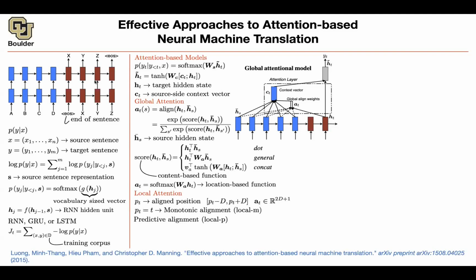Maybe there is not a one-to-one correspondence between words in the target sentence and the source sentence. Maybe it's better to do a predictive alignment. Let's say you have capital S, and that's the size of your entire source sentence. That's the length of it, and that's capital S. What you can do is you can parameterize.